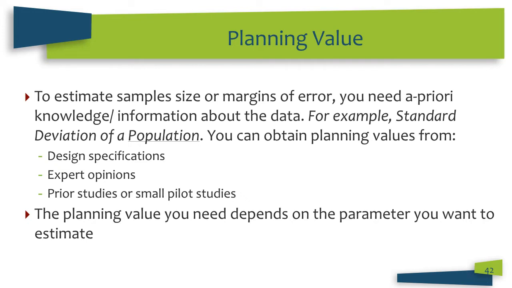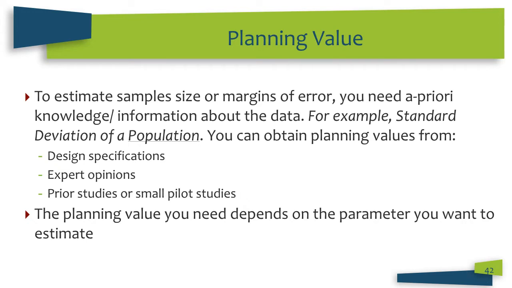The answer to this question is that you're not expected to know the planning value exactly, but the software, when it does calculations for you, needs some starting point to make sense of what you are about to do. And from where do you get that kind of estimate of the planning value? You can get it from design specifications. For example, what is the average population per square kilometer in Islamabad?